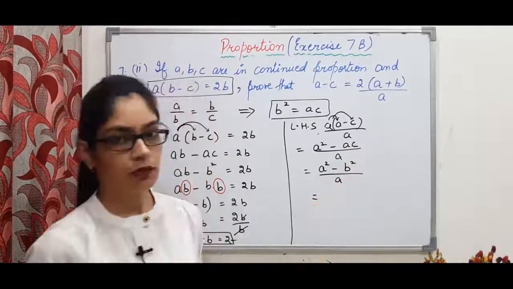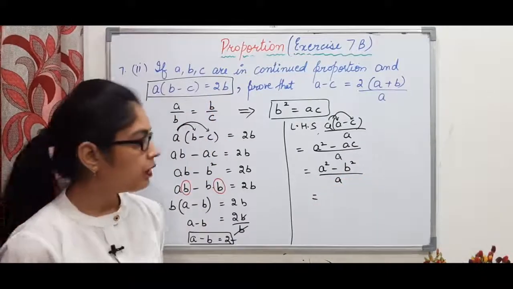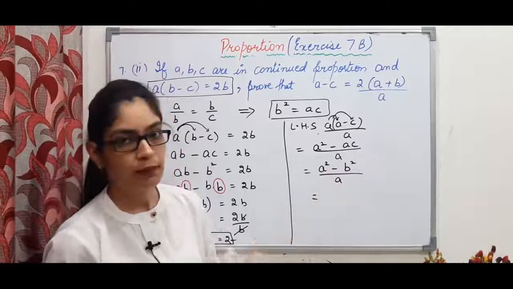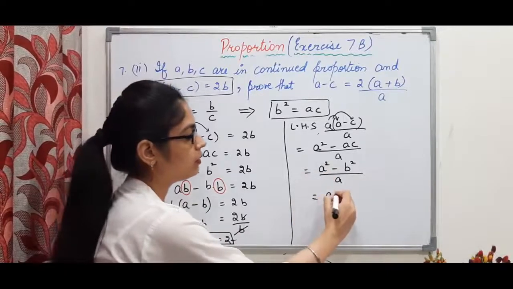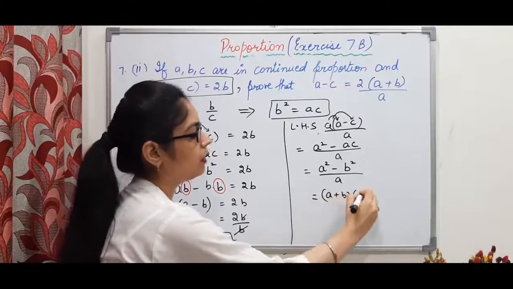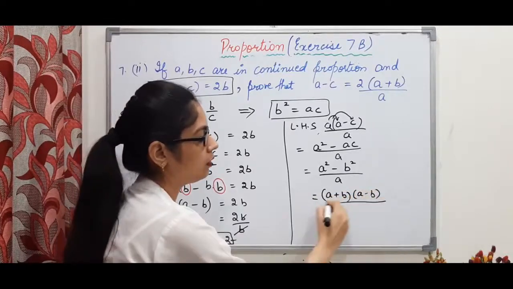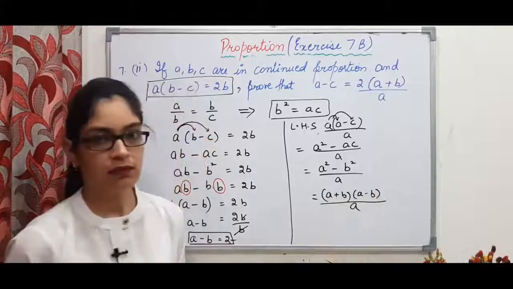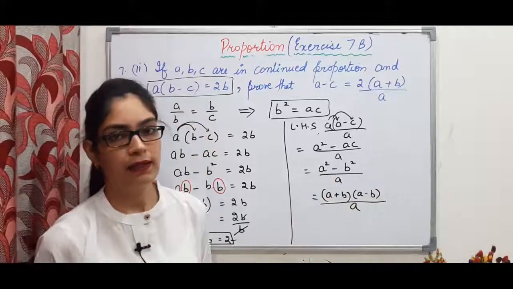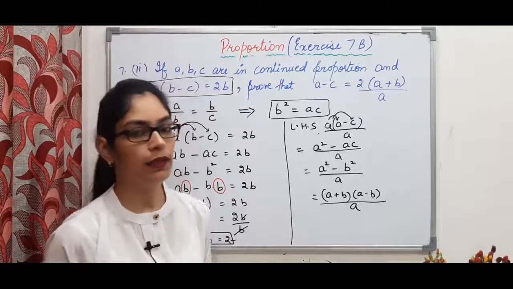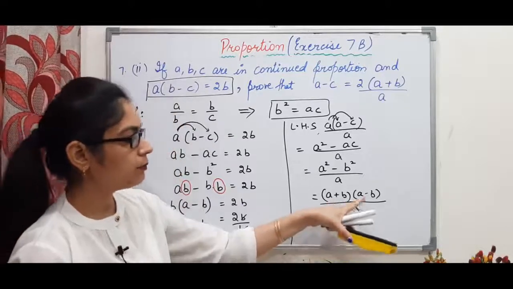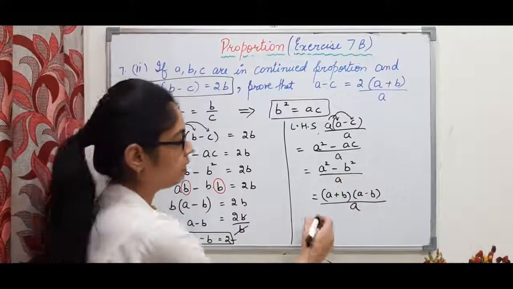Now we use an identity, a square minus b square, which we used in previous questions also. It is equal to (a plus b) into (a minus b), by a as it is. I have just written the expanded form of this.